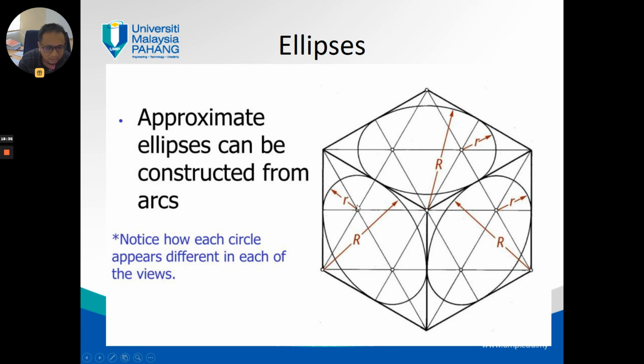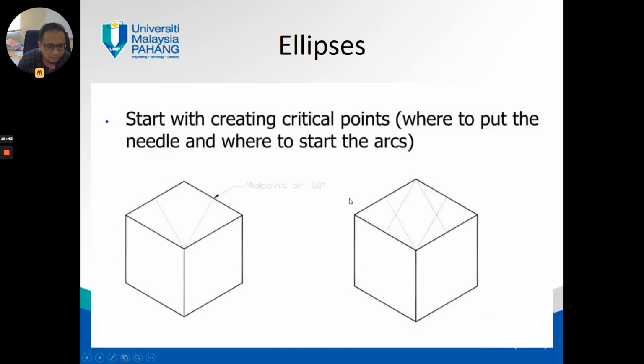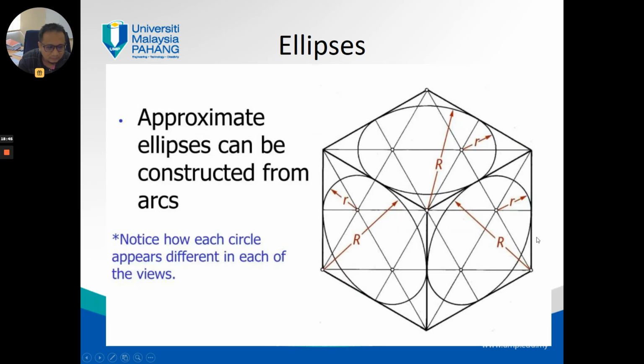Now you have a point connecting this one, this one, this one and this one. This is the radius of the first circle, the second radius of the circle, and the radius of another circle. So the first circle is this radius, and also this radius, as well as this radius.